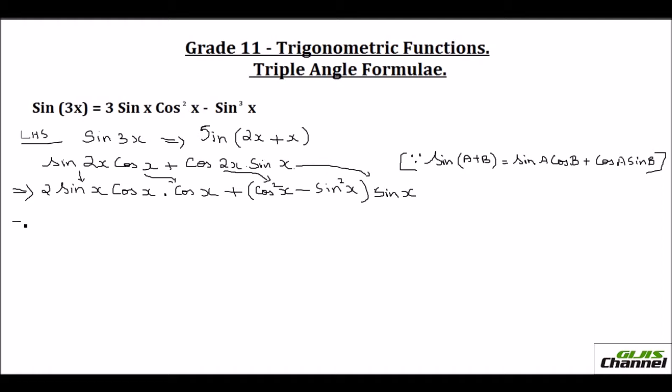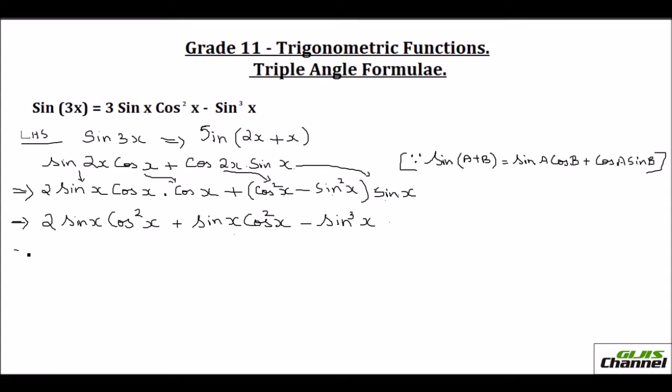Here let me put the like terms together. So it is 2 sine x cos square x, right? Cos x times cos x is cos square x, plus when you multiply this inside, it becomes sine x cos square x. Then sine x times minus sine square x will be minus sine cubed x, right? Here you have 2 sine x cos square x and 1 sine x cos square x.